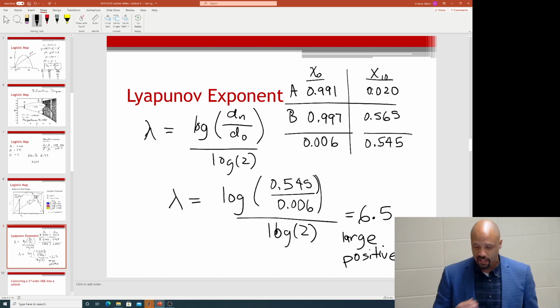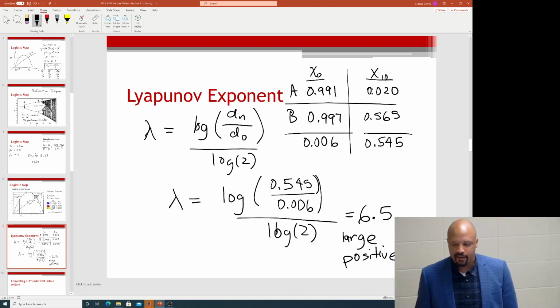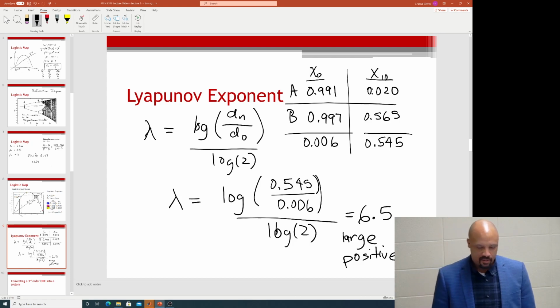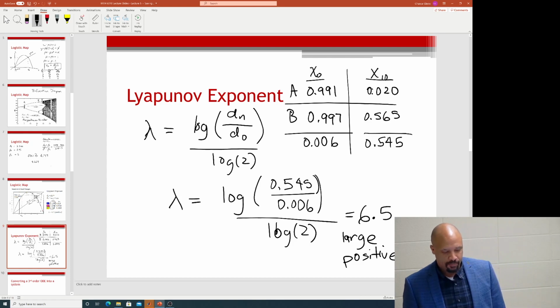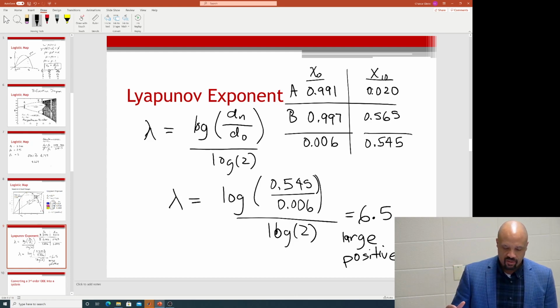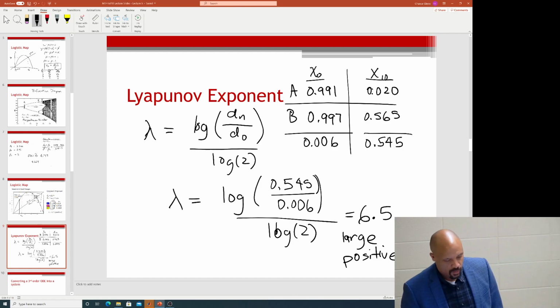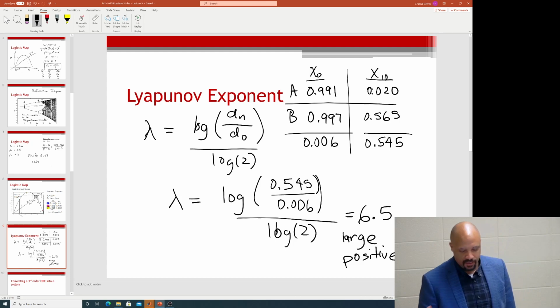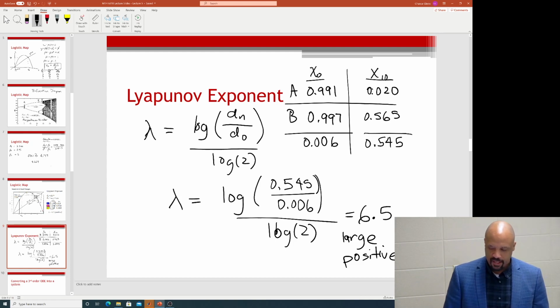There's stretching going on. So remember, though, there has to be somewhere where you have a negative Lyapunov exponent so that it gets squeezed. So we have to figure out where that might be. But that's an example for another day.